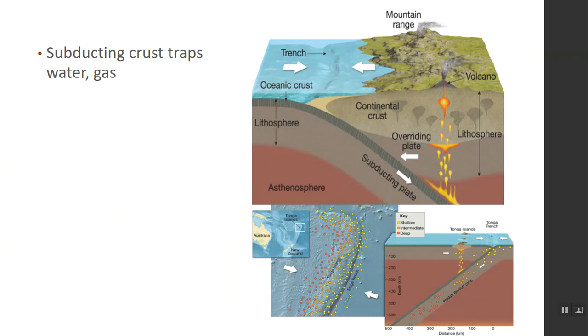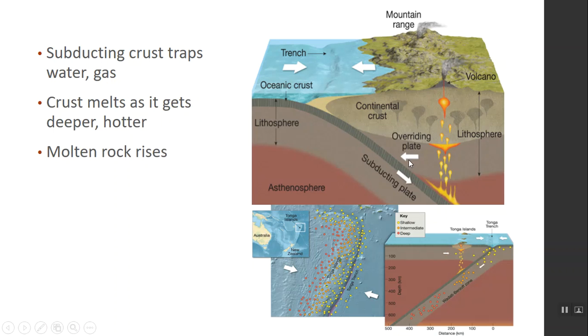And so subducting crust, as the crust goes underneath, it traps in water and gas that then gets heated. The crust melts as it gets deeper and hotter. That molten rock will rise up, and it results in very deep focus earthquakes that happen well below the surface, not shallow ones that are happening up here, but very deep.